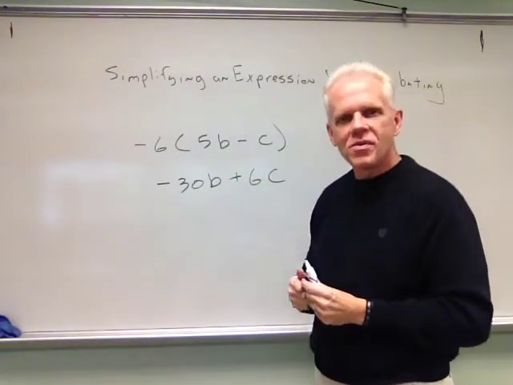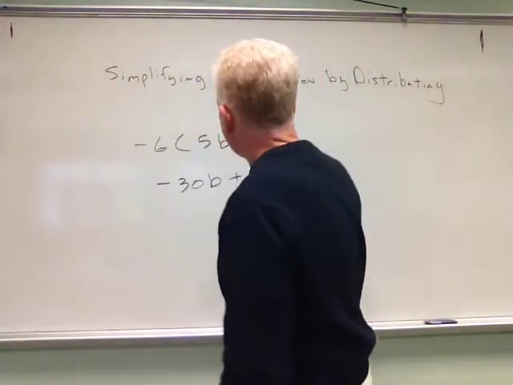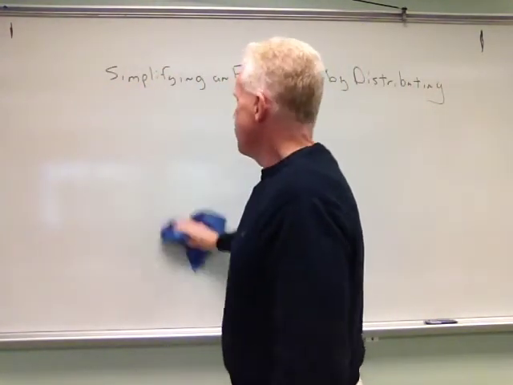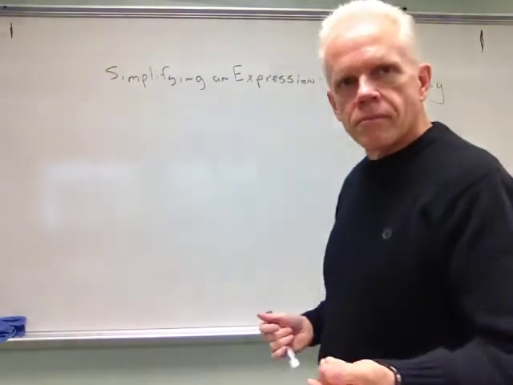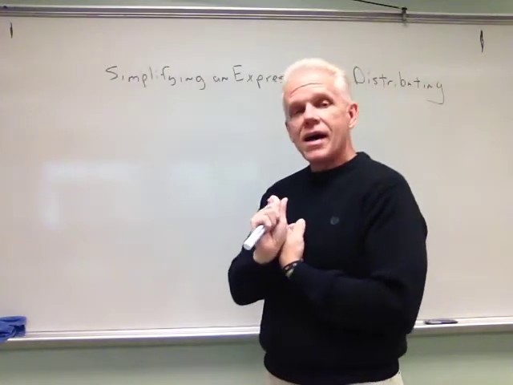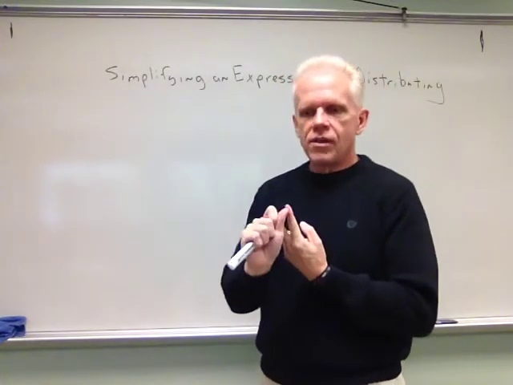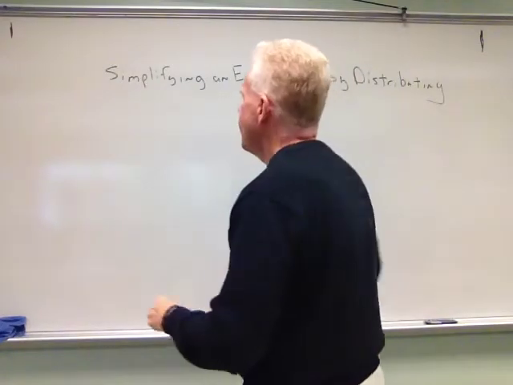That's what we end up with in simplifying that expression. So we've talked about 2 ways to simplify expressions. Now let's put them together. The 2 ways that we talked about, remember, were to simplify expressions by combining like terms and then also by distributing.